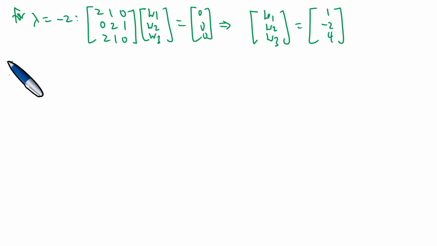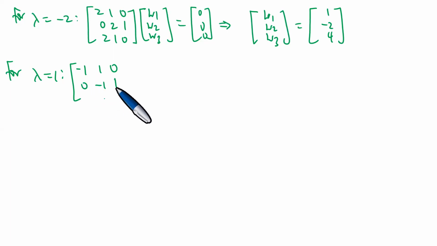Okay, I'm going to write the solution. For lambda equals 1, there's also this matrix here. So for lambda equals 1, the matrix from that lambda matrix is minus 1, 1, 0, 0, minus 1, 1, 2, 1, minus 3.